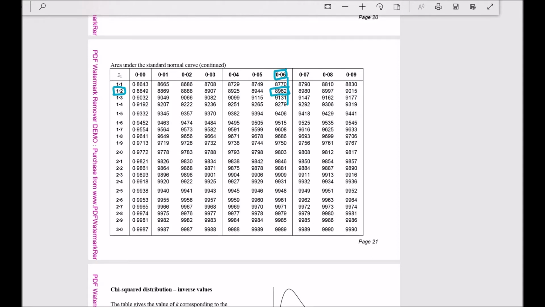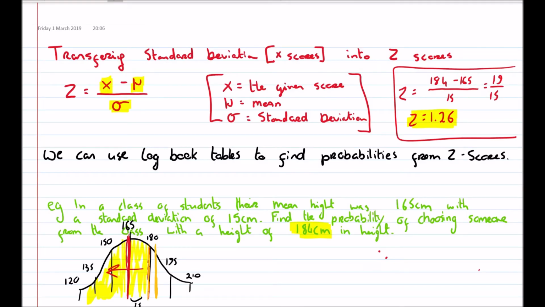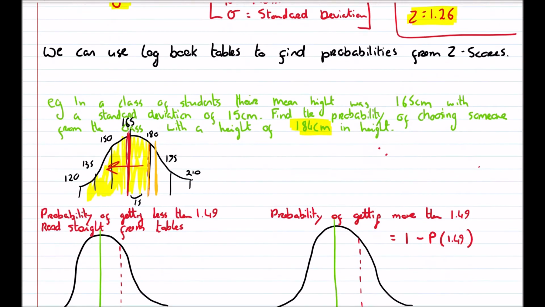So there it is, 0.8962. So the probability of getting someone with a height of less than 184 centimeters is 0.8962. These z-scores are very easy.